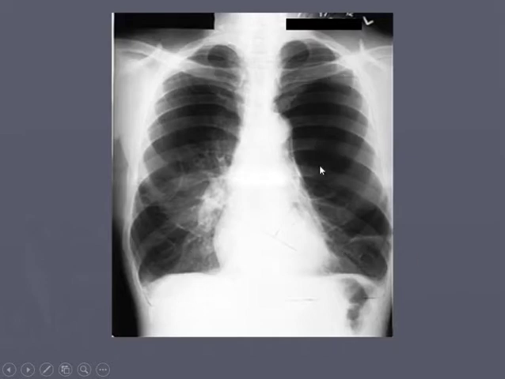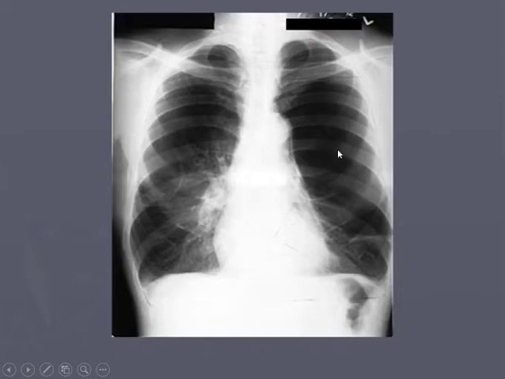So again, going through our pattern, A, airway looks fine. B, bones, clavicular heads fine. 1, 2, 3, 4, 5, 6, 7, 8, 9, 10, 11 ribs. Cardiac shadow, pulmonary arteries look like they're in the right places.